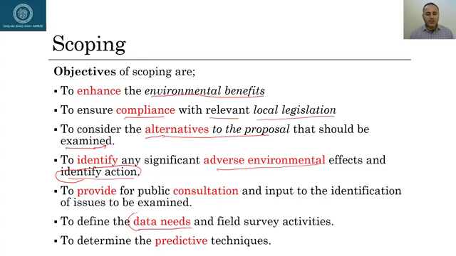So for example, what would be the impact of the proposed project? In order to quantify that impact, you need data. So scoping actually defines the data, to determine the predictive techniques, and it also tells you about the techniques that the study is using for predictive analytics.